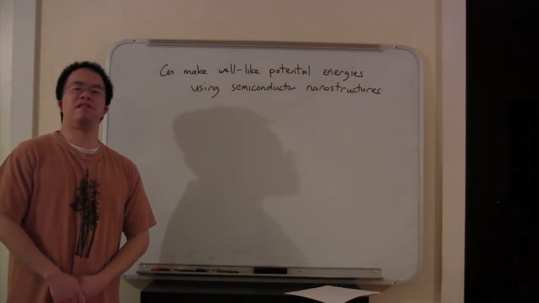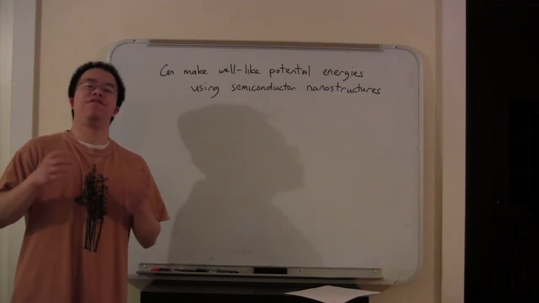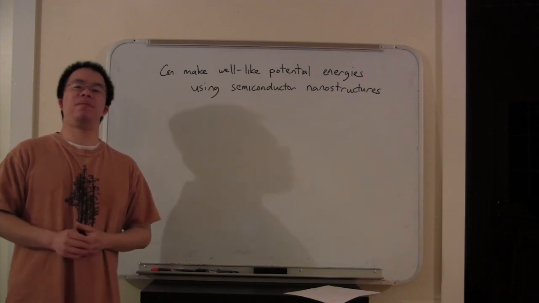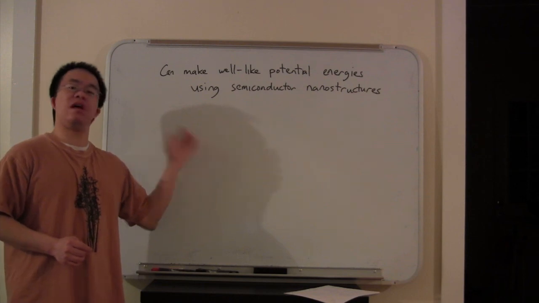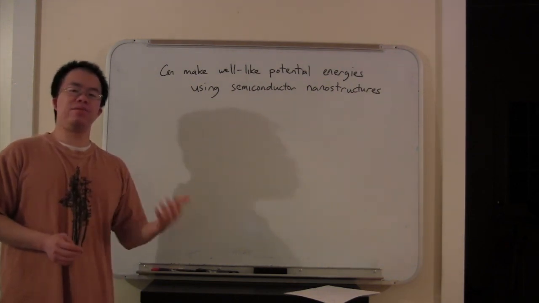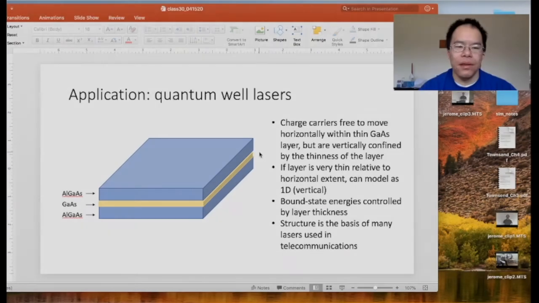It turns out to be possible to artificially create situations where you have a finite square well-like potential energy using semiconductor nanostructures. I'm going to cut now to something on my computer that can draw this better than I can. So here's an example of how one can make something that can be modeled by a finite square well. The idea is that you have these layers of some semiconductor.